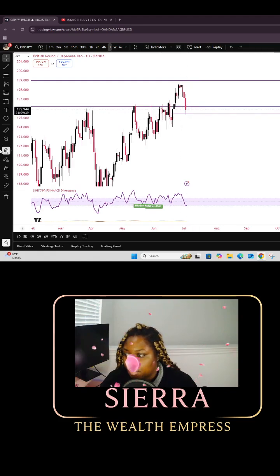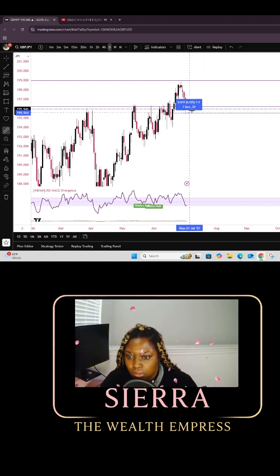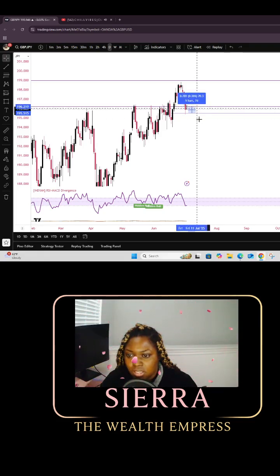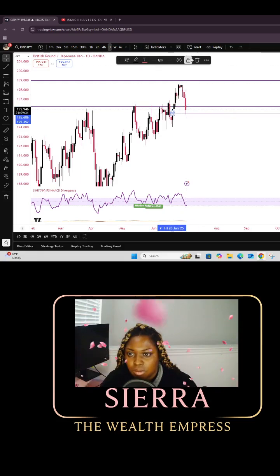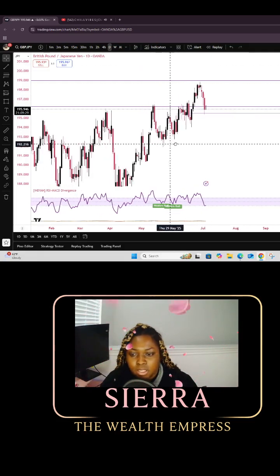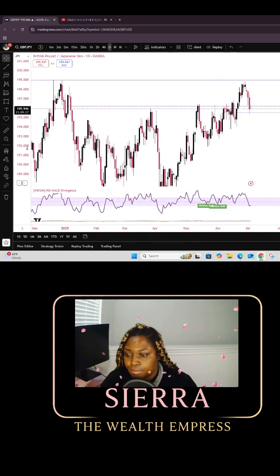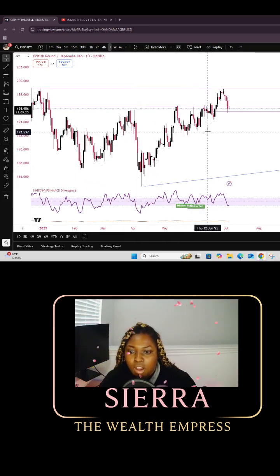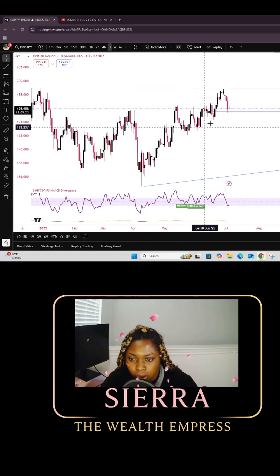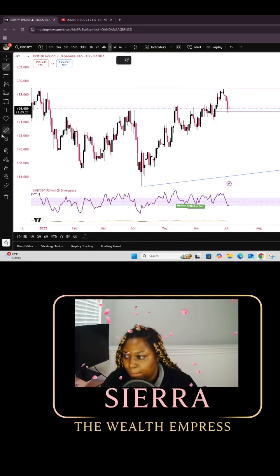So we have this gap right here, this area right here. It's 70 something pips, so I don't think I want to be in 70 pips in a drawdown. I also can do a trend line here since we got all this rejection here.